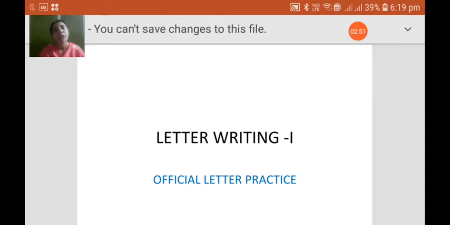And we also write the enclosure whenever required, not all the time. Sometimes in the letters we put the words 'copy to', if we are sending the same copy to somebody. So these are the various parts of a letter.